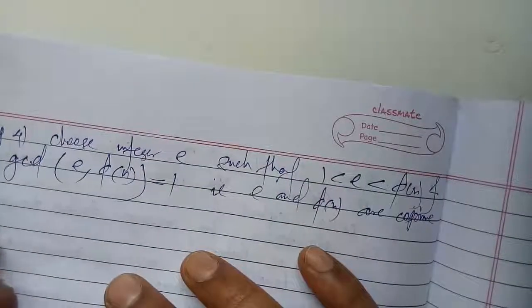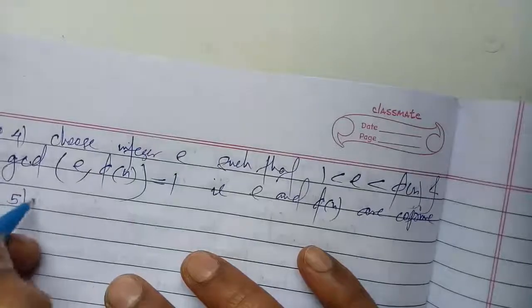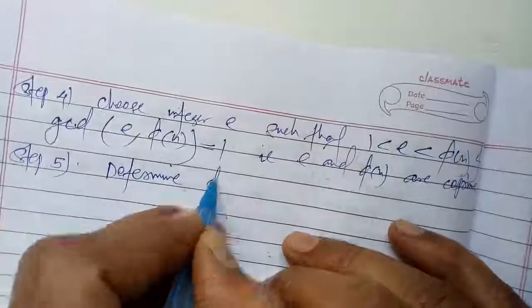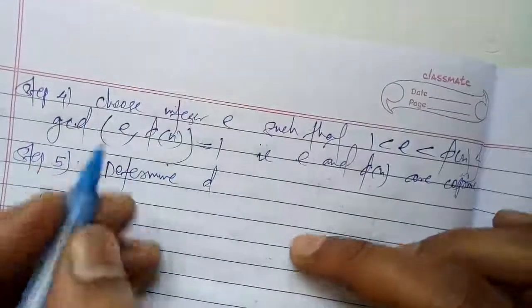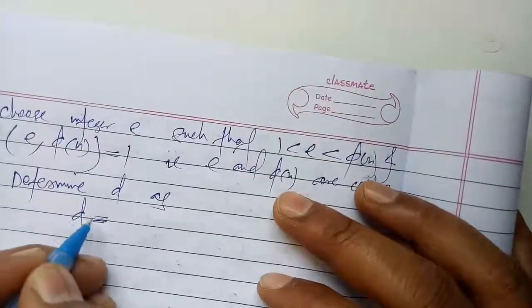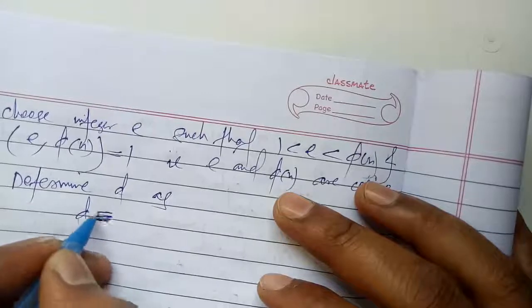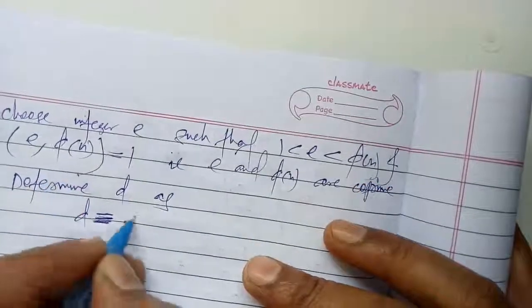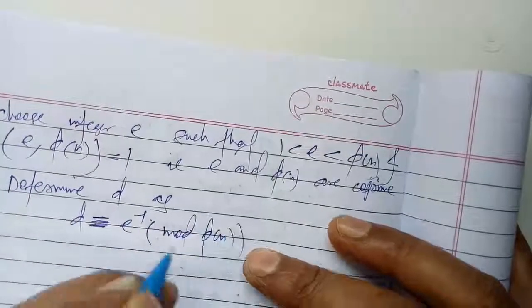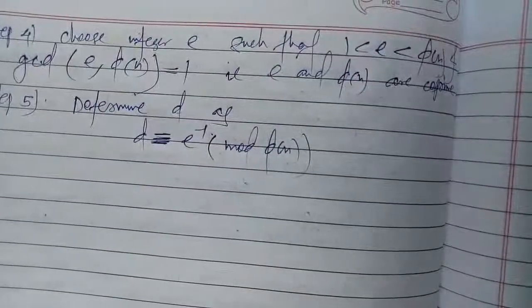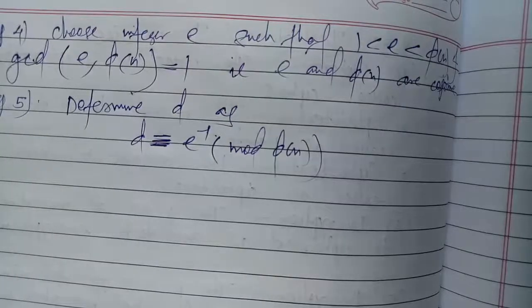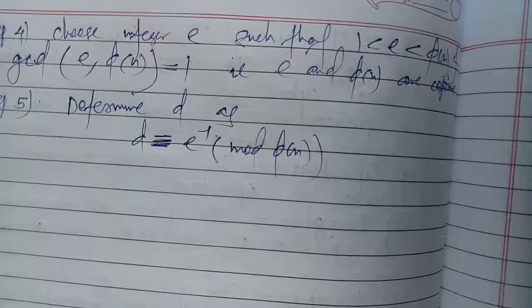Next, step number 5: we have to find the value of small d, where small d is congruent with e inverse modulo phi n.